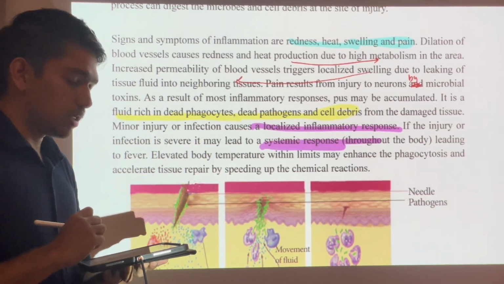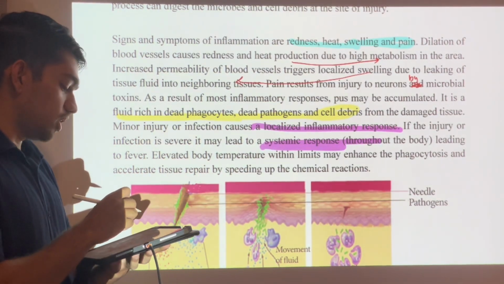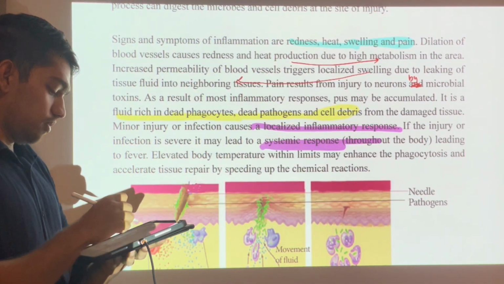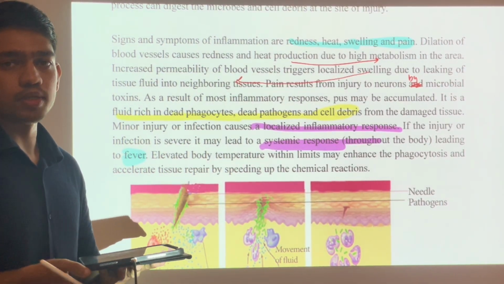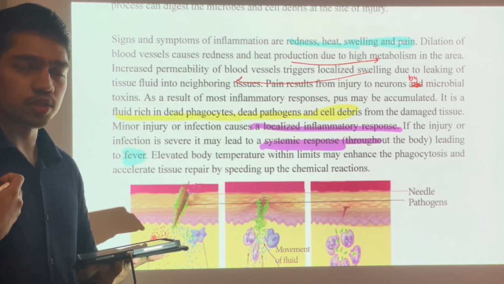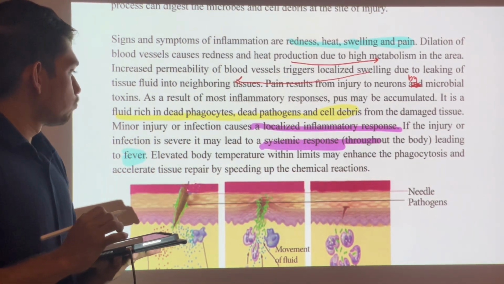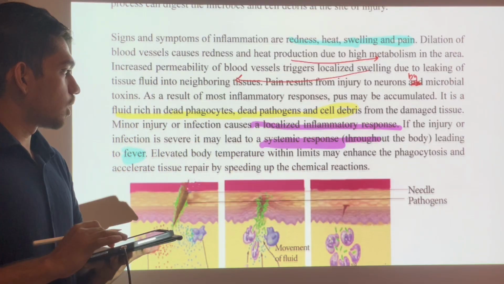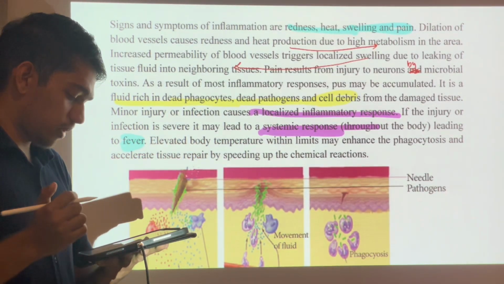A systemic response can cause a fever, right? In a fever condition, what is the most basic symptom? There's elevated body temperature, right? In enzymes, we learned that when the temperature increases, the rate of enzymatic reaction can increase up to a certain optimum temperature, right?